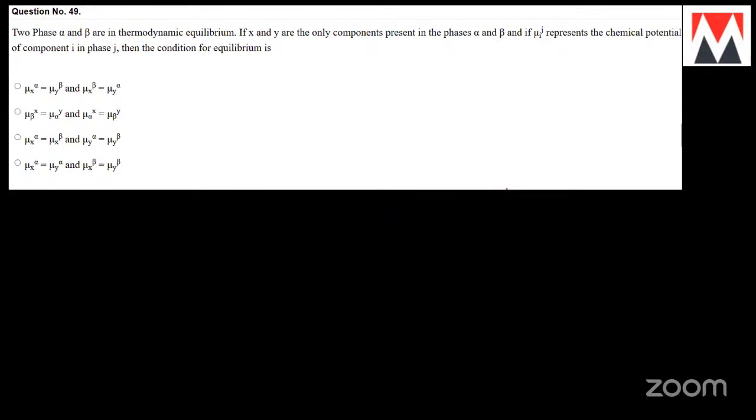For phases alpha and beta in thermodynamic equilibrium, if X and Y are two components, they are asking about equilibrium. Thermodynamic equilibrium you will have when mu A alpha equals mu A beta. So you have a graph like this. If I extend like this, I'll have two solutions, one like this and one like this.